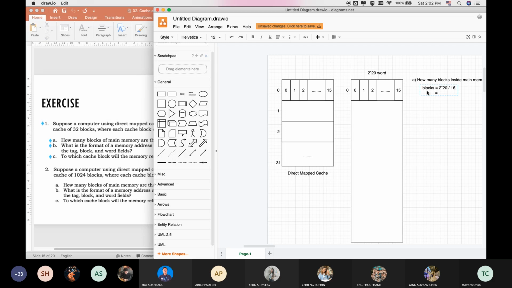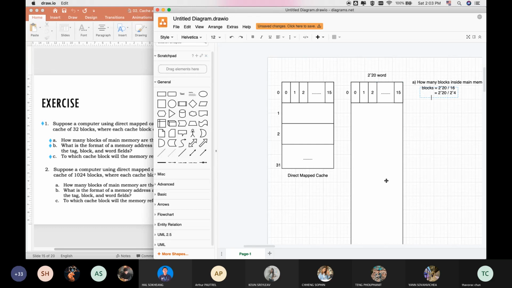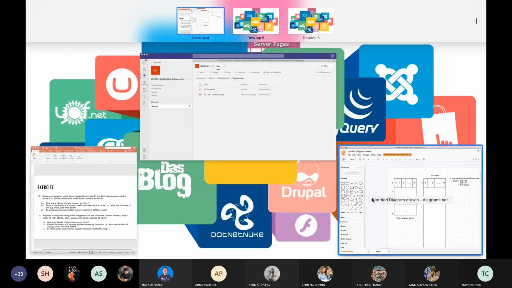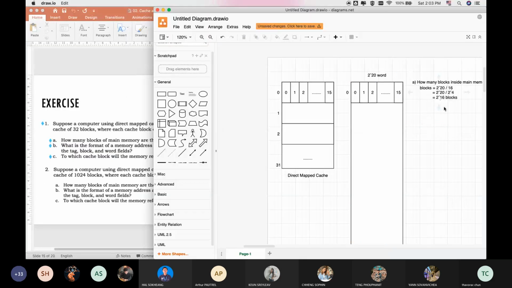To make the division easy, we can convert 16 to exponential form, dividing by 2 power 4, right? 2 power 4 is 16. So the result should be 2 power 16 blocks. So the answer for question A is 2 power 16 blocks.